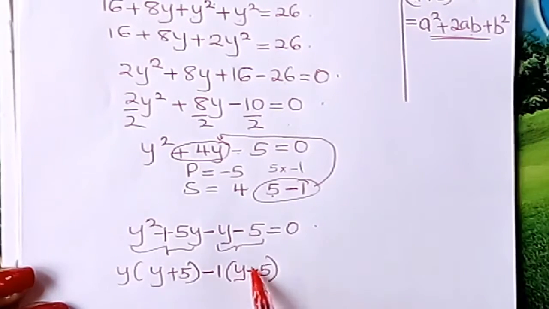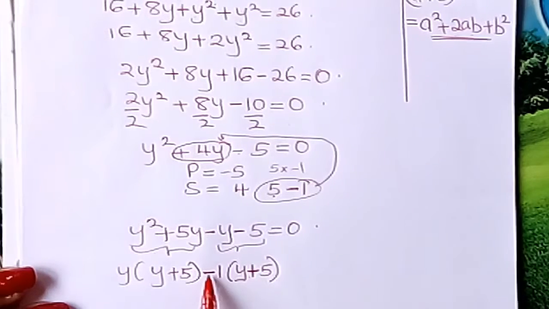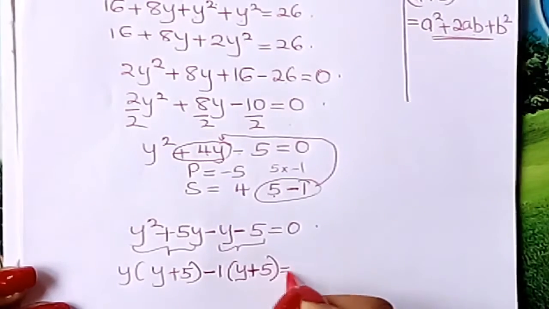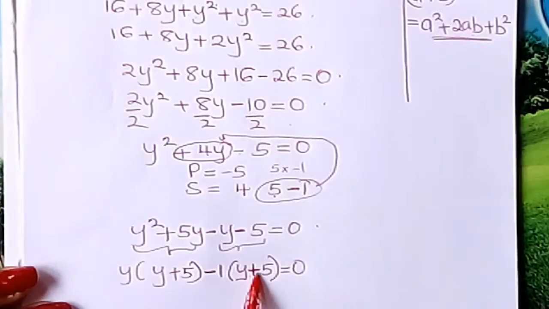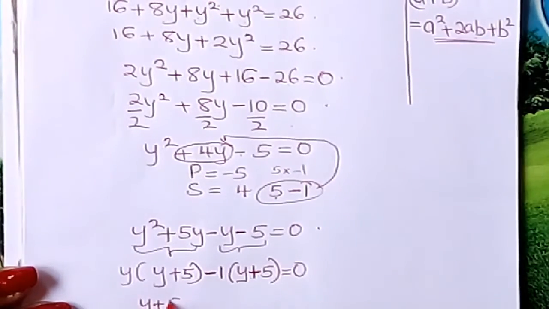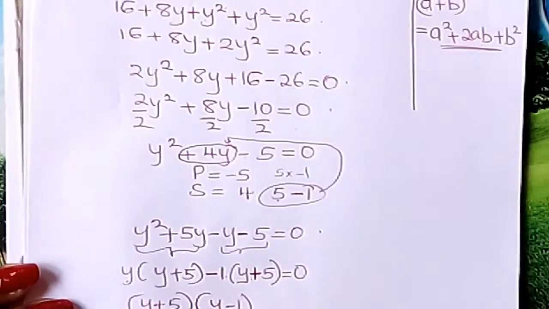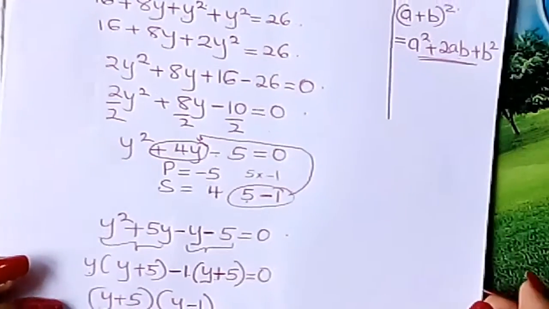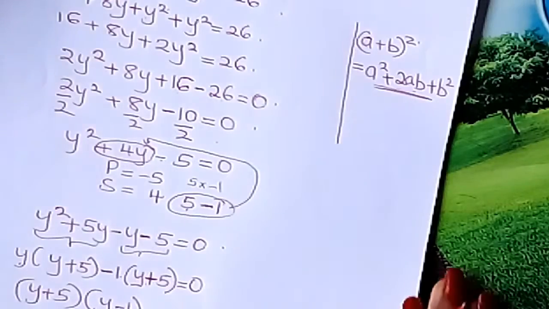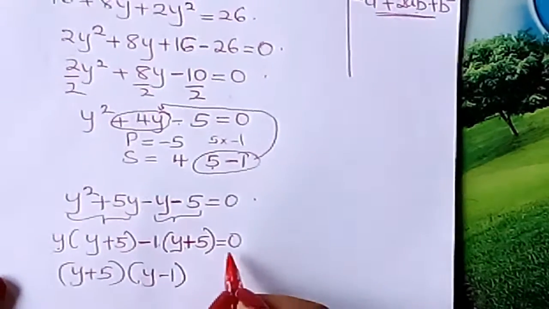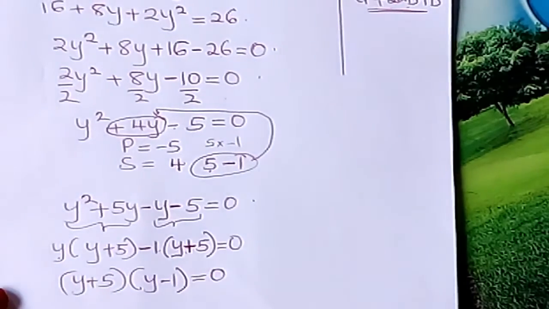So you have to fix a plus here so that if you wanted to go back, you'd say minus times plus gives you minus. It's equal to 0. This bracket is common, factor it out, then bring these others together. There we are, it is equal to 0.